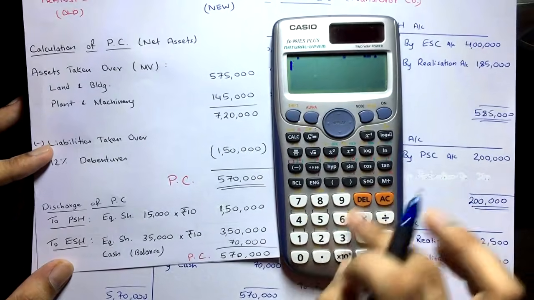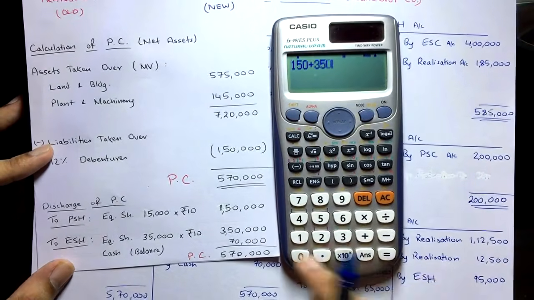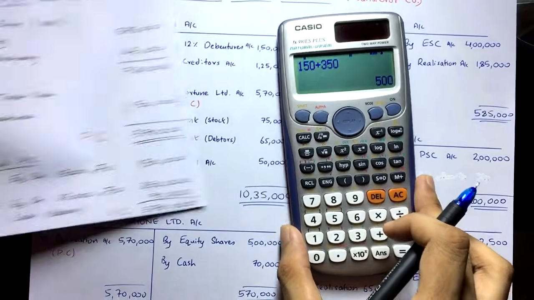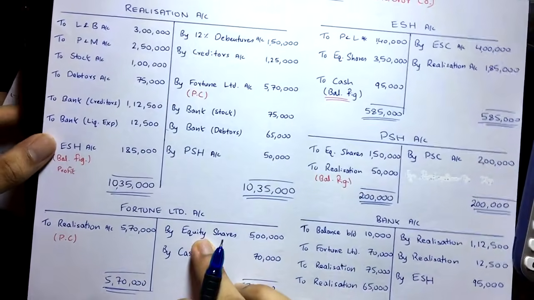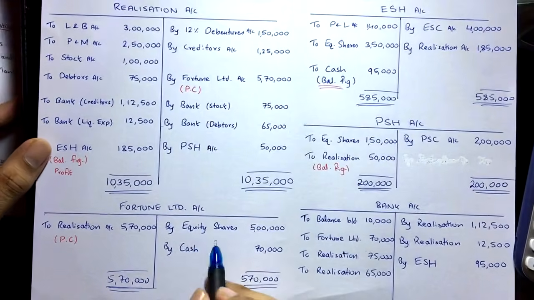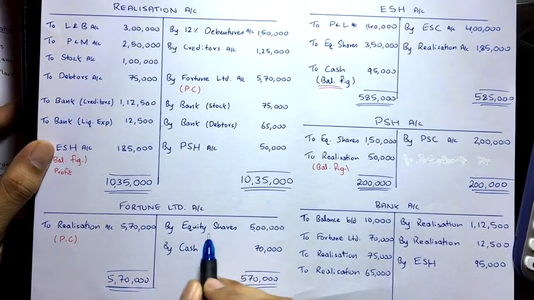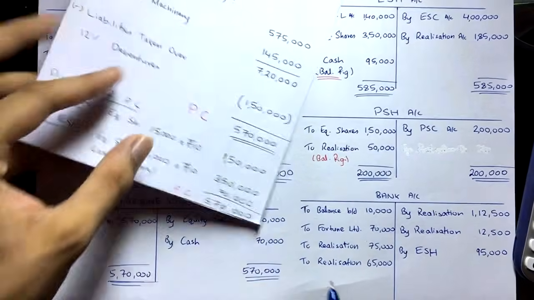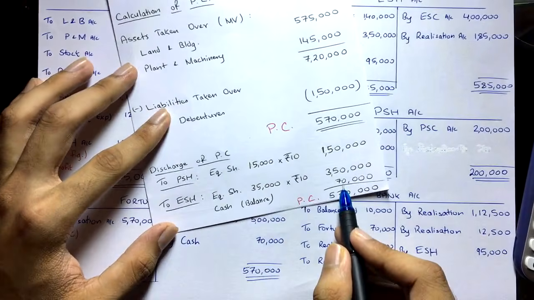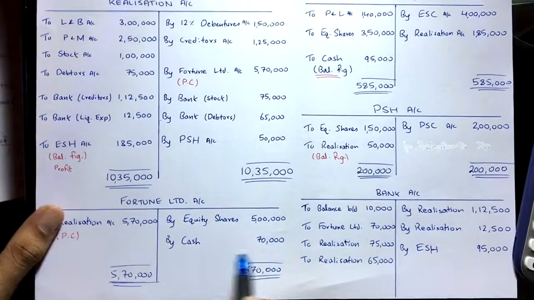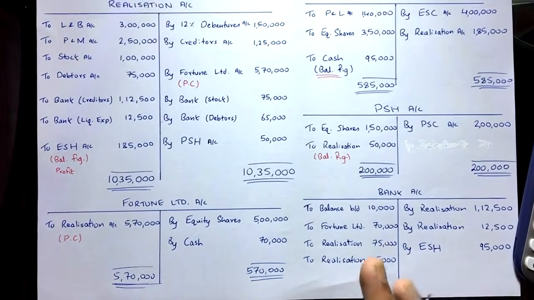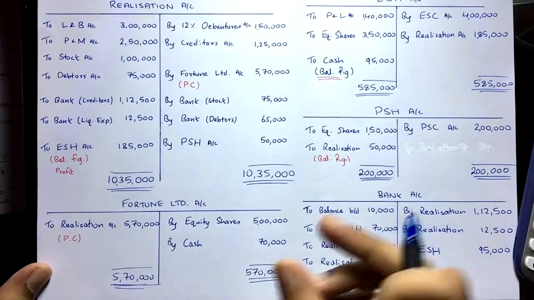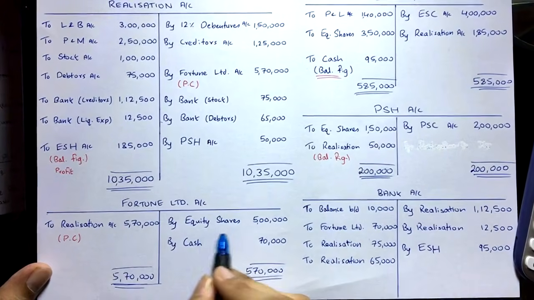See here, 150 plus 350, that is equal to 5 lakh, 500. 5 lakh of what? 5 lakh of equity shares, 5 lakh worth of equity shares. PC is in equity shares of 5 lakh, and then remaining in cash, right? So the cash is 70,000, so you have to take by cash 70,000. Simple क्या है, PC लेना है, उसका expansion दिखाना है, in what form that PC is. It is in equity shares of 5 lakh.